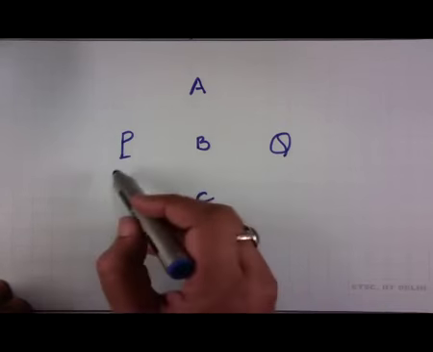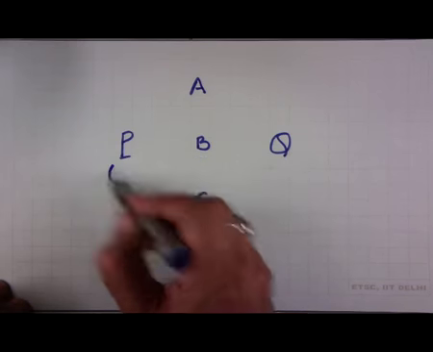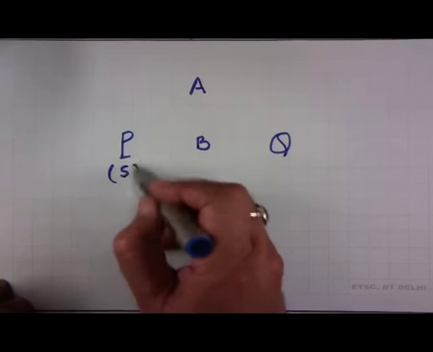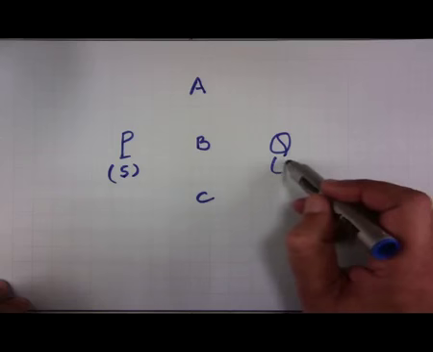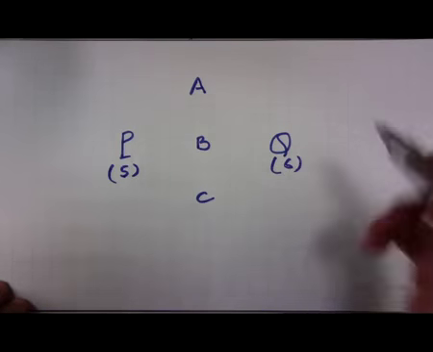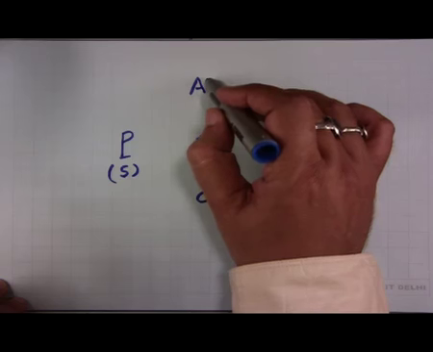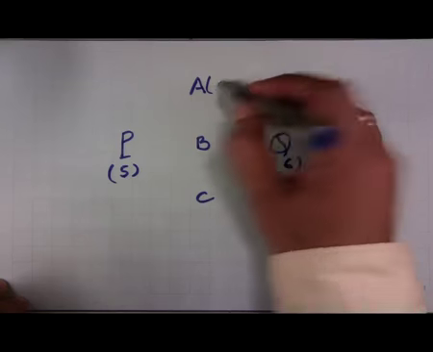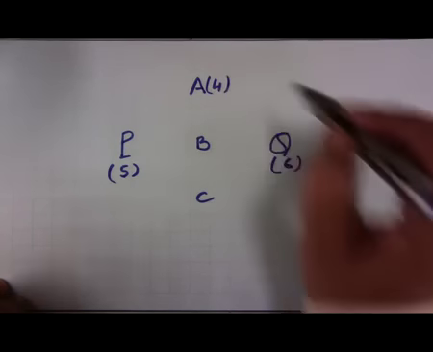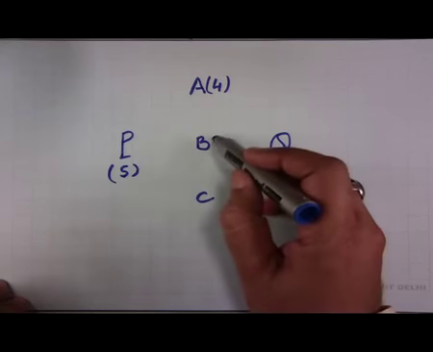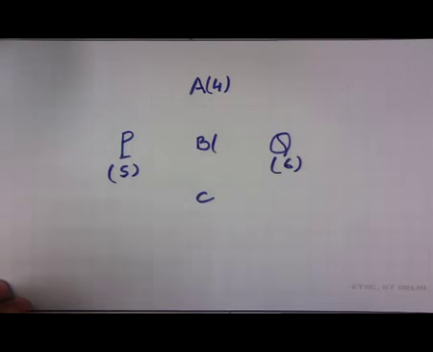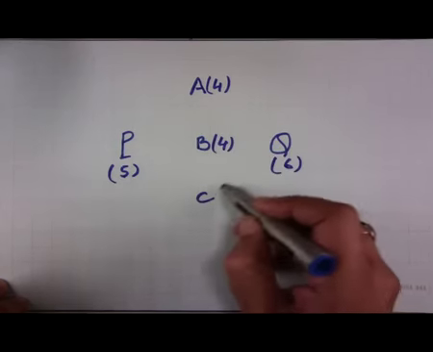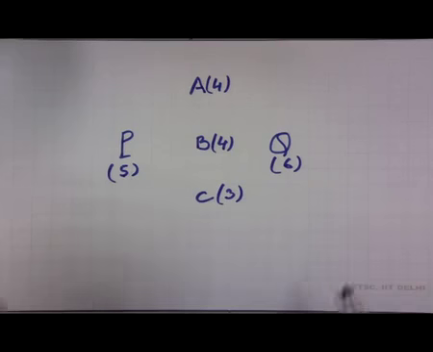Factory P produces 5 units and factory Q produces 6 units, and warehouse A has capacity to accommodate 4 items, warehouse B has capacity to accommodate 4, and C has capacity to accommodate 3.